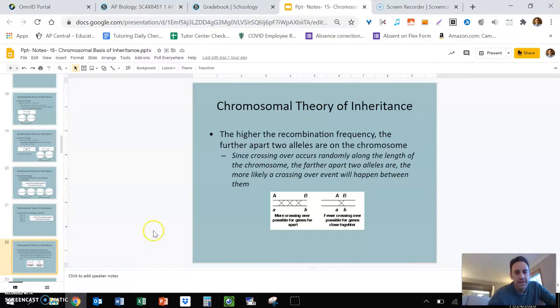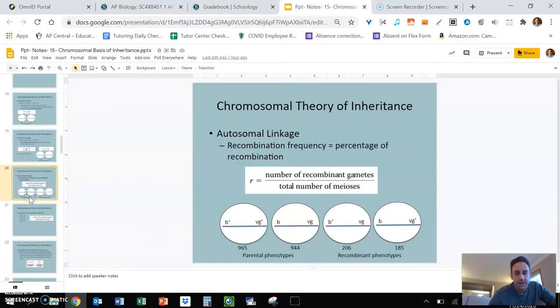And then we're going to divide that by the total number of meioses, which is 965 plus 944 plus 206 plus 185. And if you do that calculation, you get an answer.